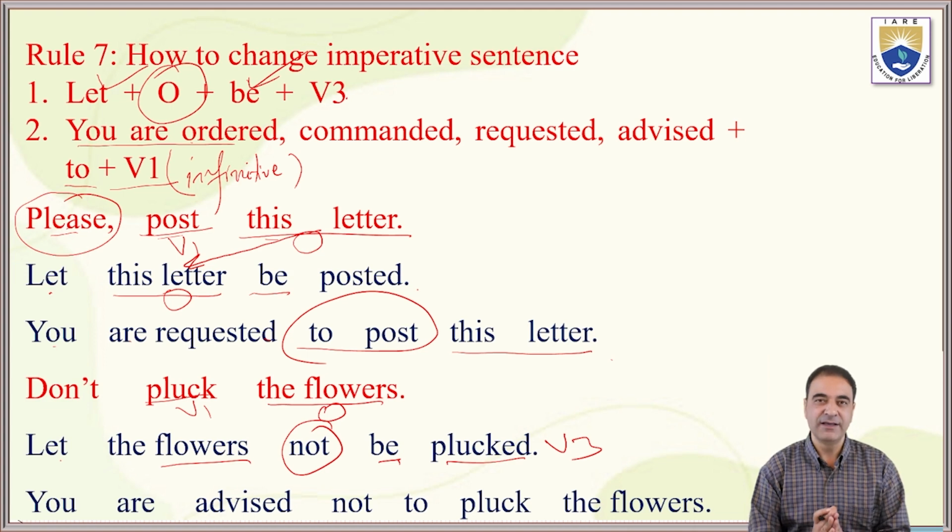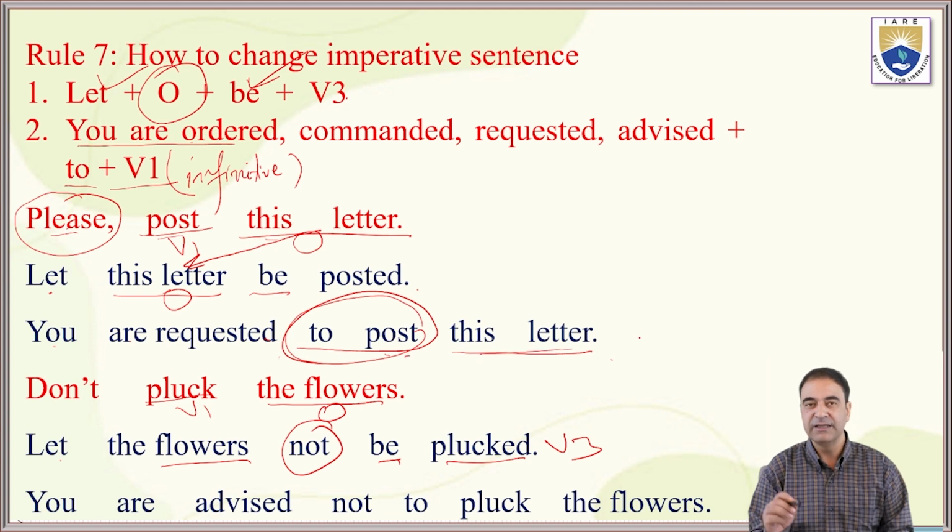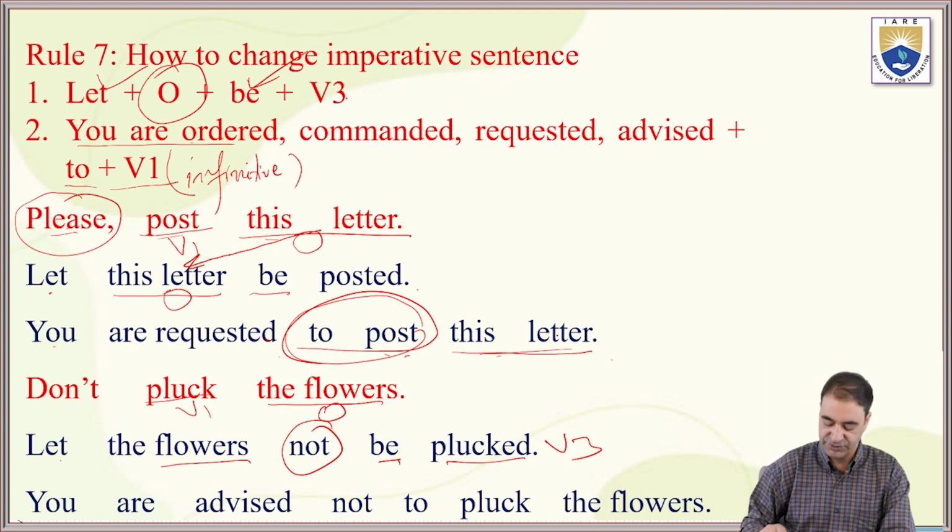And the second way is we just introduce a phrase like "you are ordered." If it is order, then ordered. If it is command, then commanded. If it is advised, then advised. If it is requested, then requested. Plus infinitive, that means to plus base form of verb. Like here, you are requested to plus verb in first form. Then this later is the object.